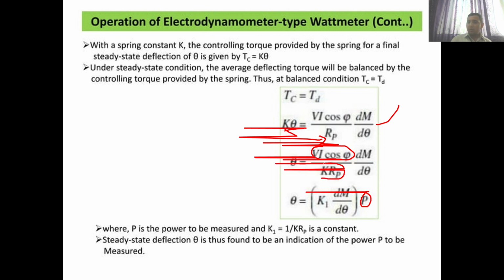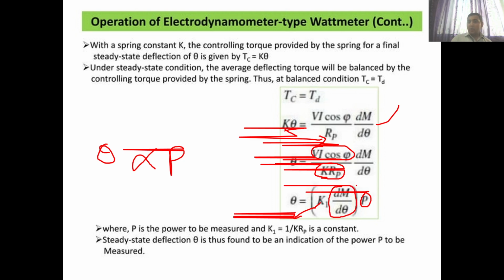This whole value, since the resistance is constant, acts as a constant K1, along with dM by d theta. At steady state, we find that theta is directly proportional to P, provided dM by d theta is constant, meaning the mutual inductance should be constant.